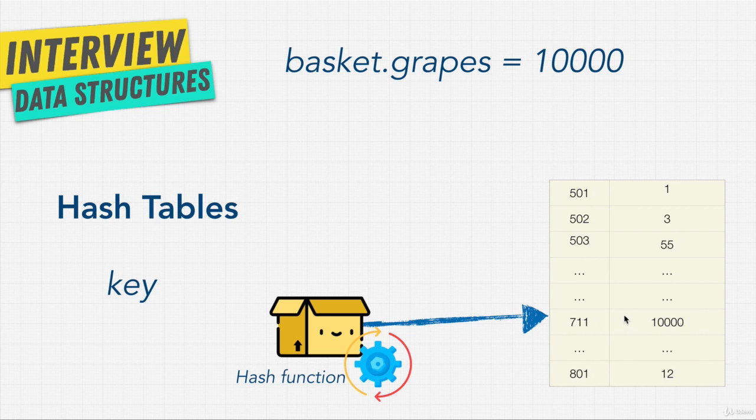And technically, it actually stores both grapes, the key, and the value of 10,000. Here, I've just simplified it to 10,000, just so it's a little bit cleaner. But keep in mind that it's going to store both key and value, and I'll show you a diagram showing this later on. So this black box over here gets to decide where to put the data in our computer's memory.